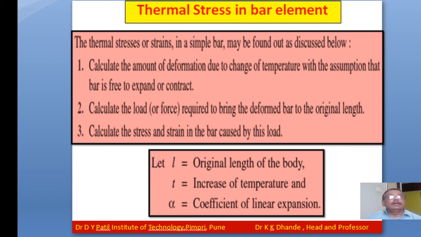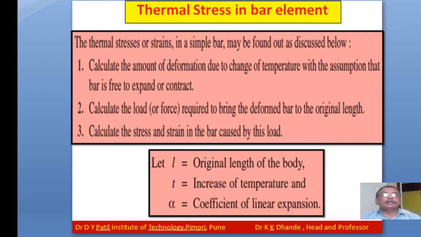First, calculate the amount of deformation due to the change of temperature with the assumption that the bar is free to expand or contract. Second, calculate the load required to bring the deformed bar to its original length. Third, calculate the stress and strain in the bar caused by the load.